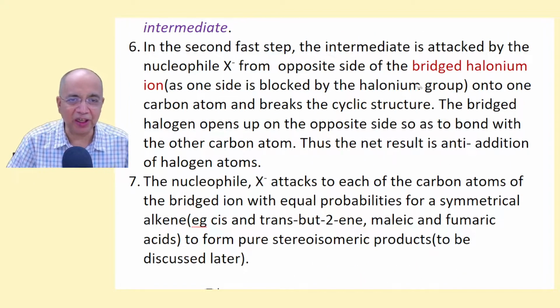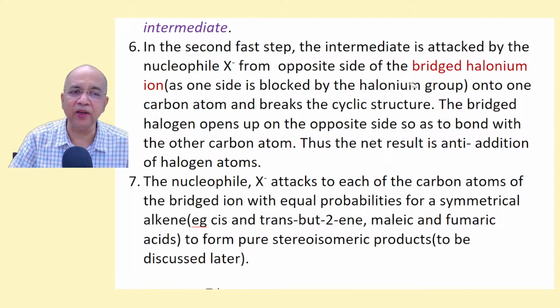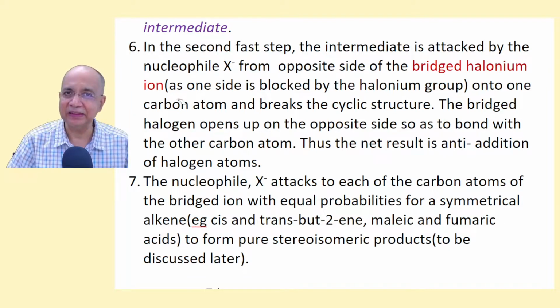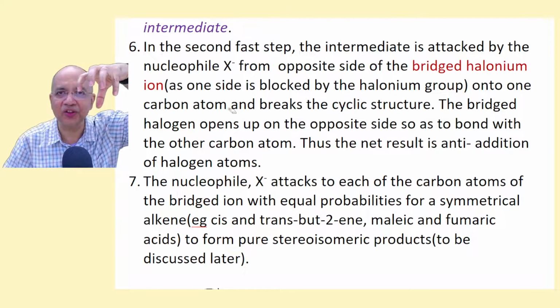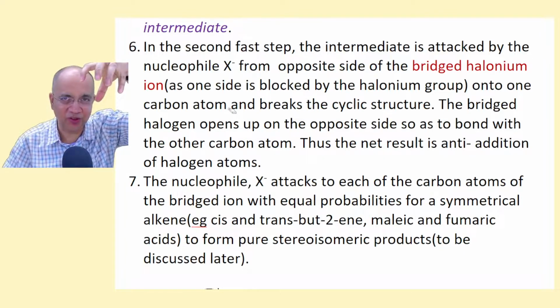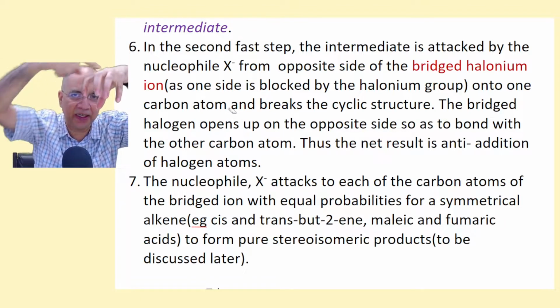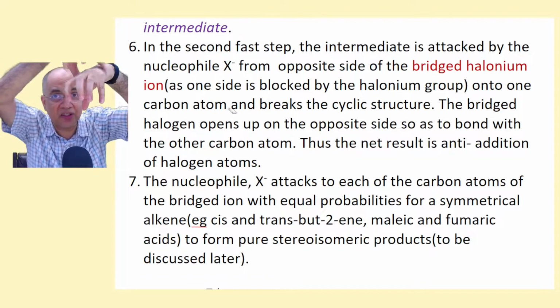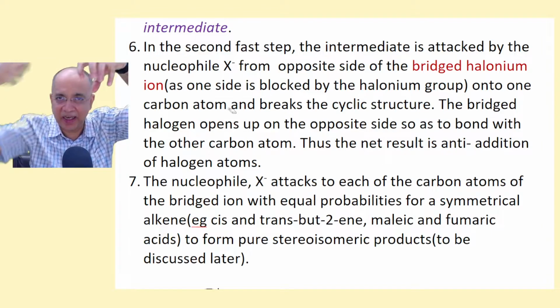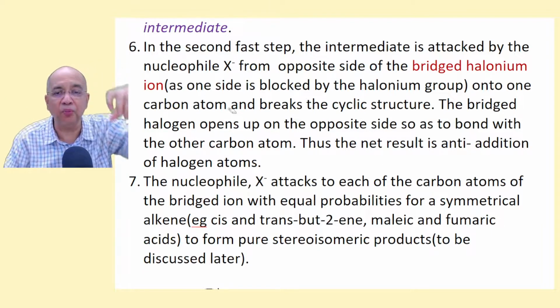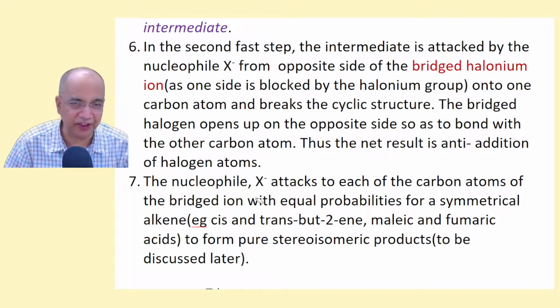So in the second step, the intermediate is attacked by the nucleophile X minus from the opposite side of the bridged halonium ion. As one side is blocked by the halonium group, the Br minus cannot approach from this side because it is sterically hindered; it will attack on the opposite side, which is free.